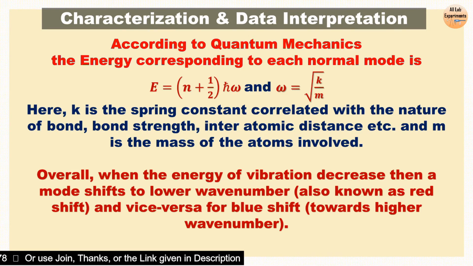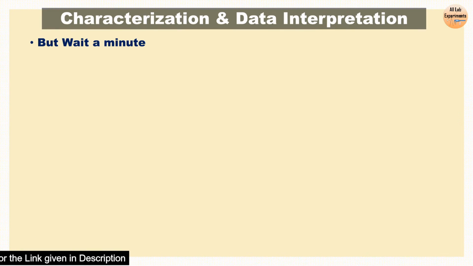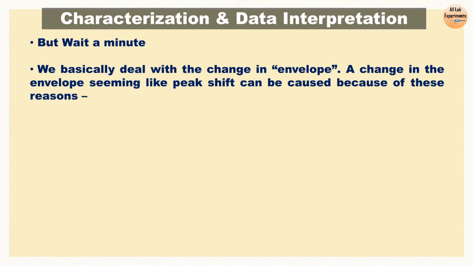But one more thing to understand at this point is that there are too many modes overlapping with each other. So we don't see these modes individually, we basically deal with the envelopes. Envelope is the overall covering we see because of the combination of some modes.